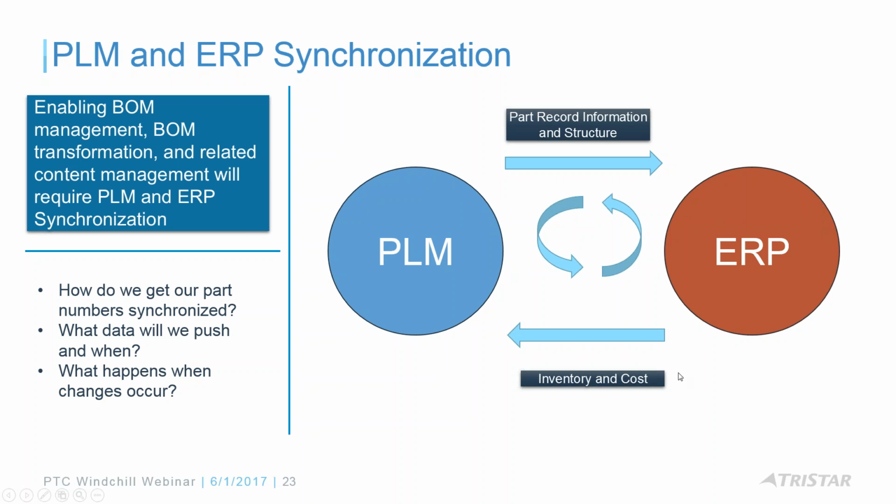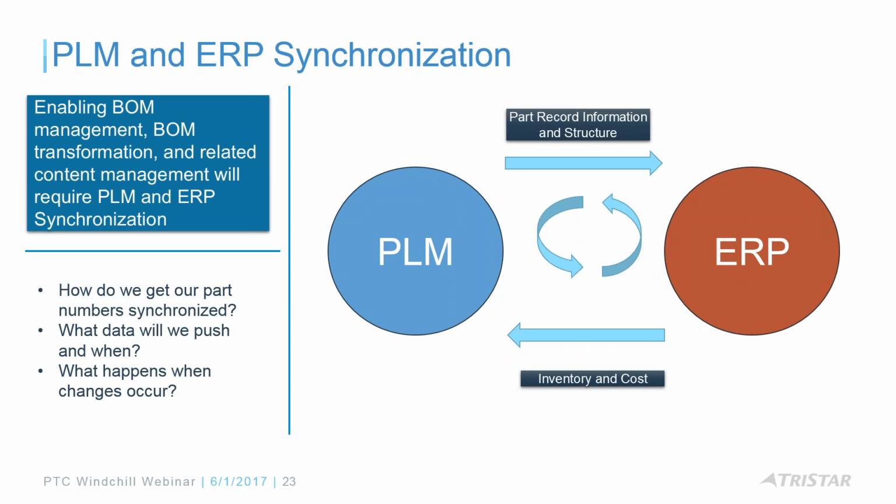So I can extract attributes from those systems and represent those on the Windchill parts. On the design side, I may not care about inventory and cost, but for planning purposes and BOM management, I may need that information. So instead of logging into ERP systems manually and checking that information, I can synchronize the two and work efficiently.